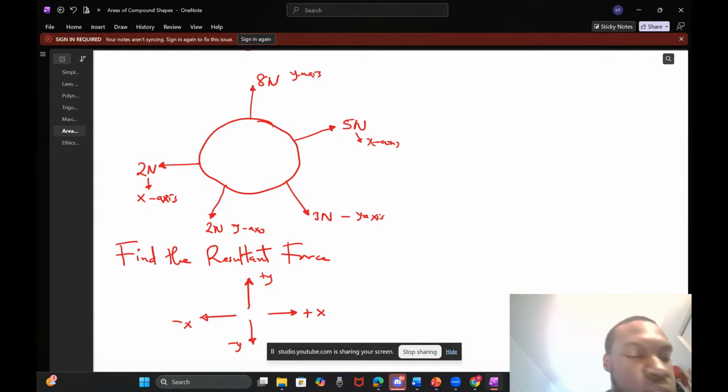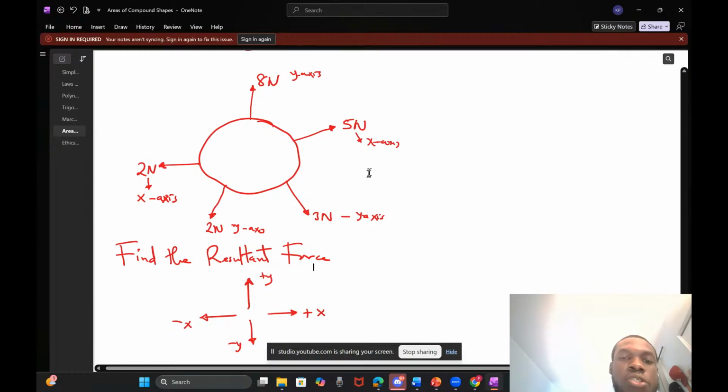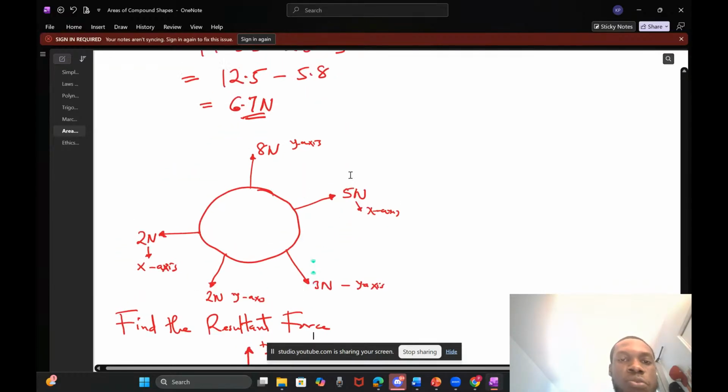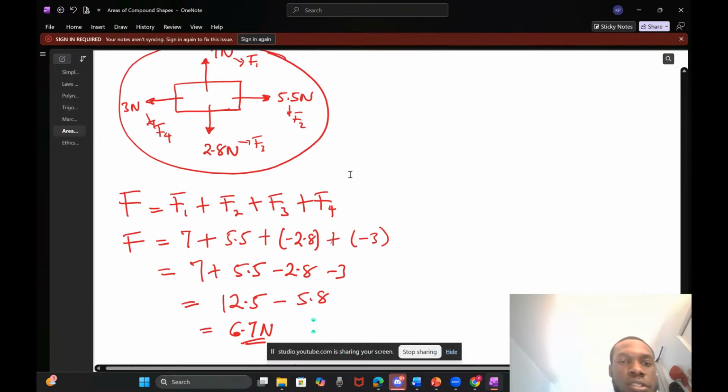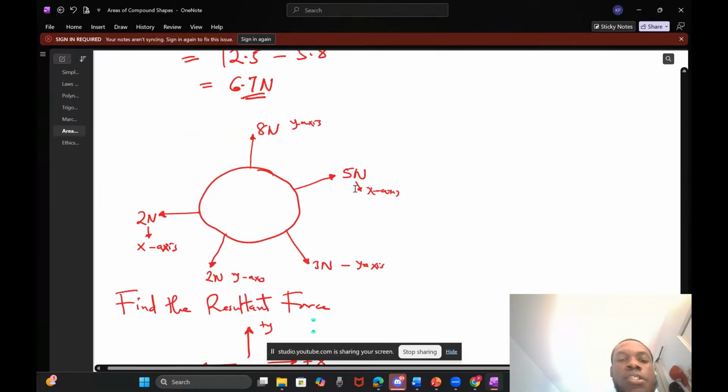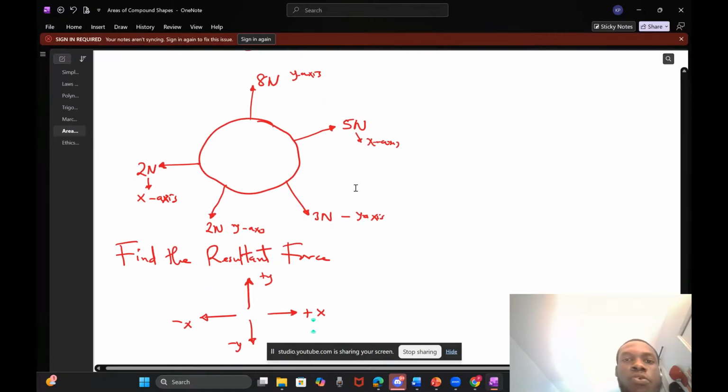No. I want... Okay, Praise, I saw your answer. So I want you to solve this question the way I solved this one here, like concurrent forces. I did F1 plus F2 plus F3 plus F4. And how you are going to do it is that I give the direction for the y and x-axis.